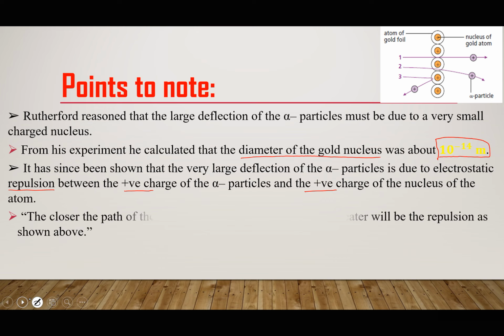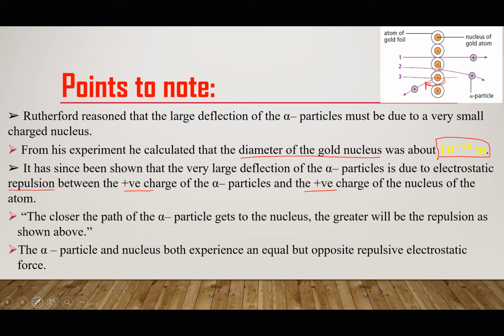And we have already seen that the closer the path of the alpha particle gets to the nucleus, the greater will be the repulsion. As the alpha particle gets closer to the nucleus, the repulsion also increases. If it is perfectly in line, then the deflection is through an angle greater than 90 degrees.